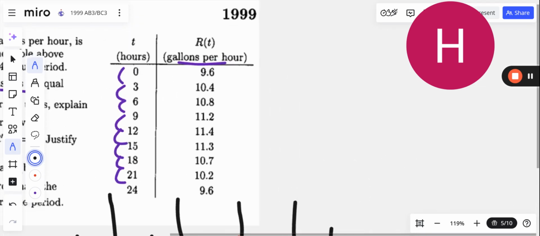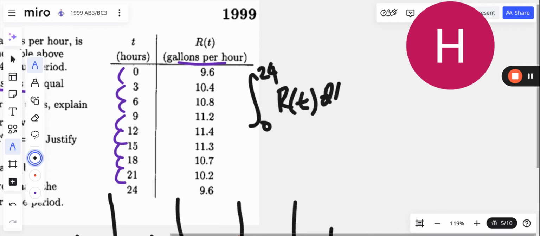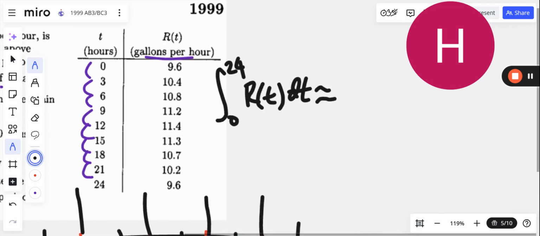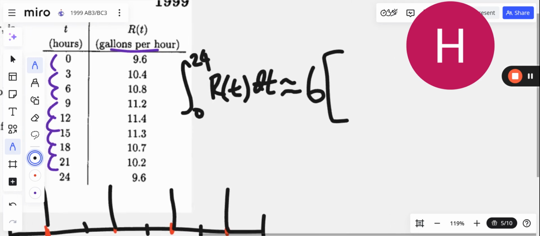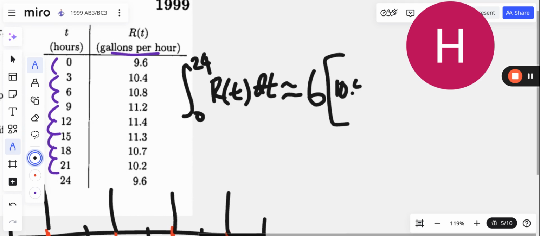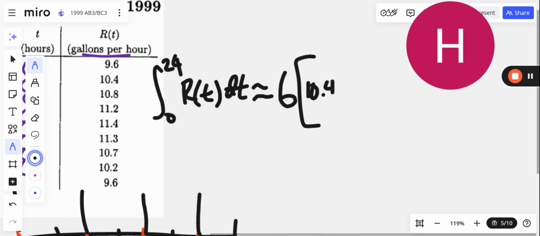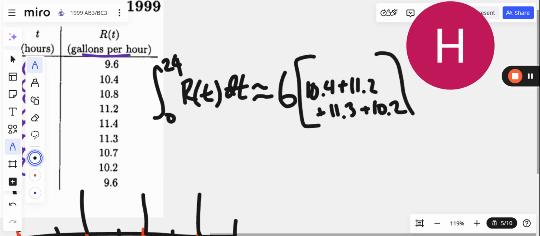So let's see what we have. We have that the integral from 0 to 24 of r is approximately 6 times all of these heights. So we have 10.4 plus 11.2 plus 11.3 plus 10.2.